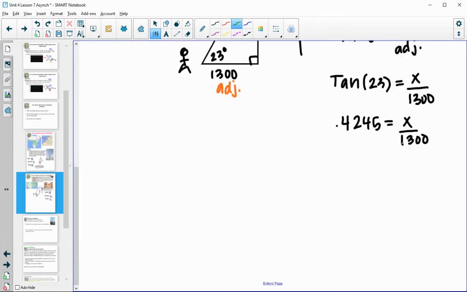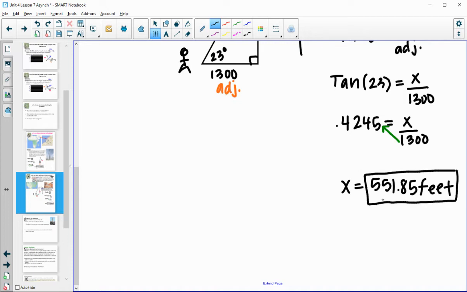So solve that proportion by multiplying that 1300 up. And we get x, or the height of the building, equals 551.85. And remember, this one was measured in feet. So that's the height of this building in feet. So if you wanted to round to the nearest foot, you could say 552 feet.